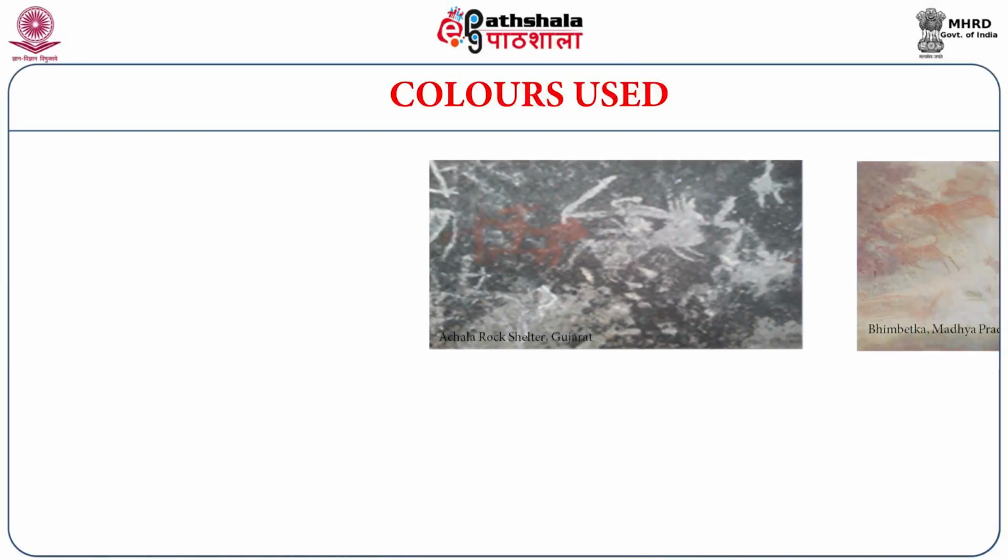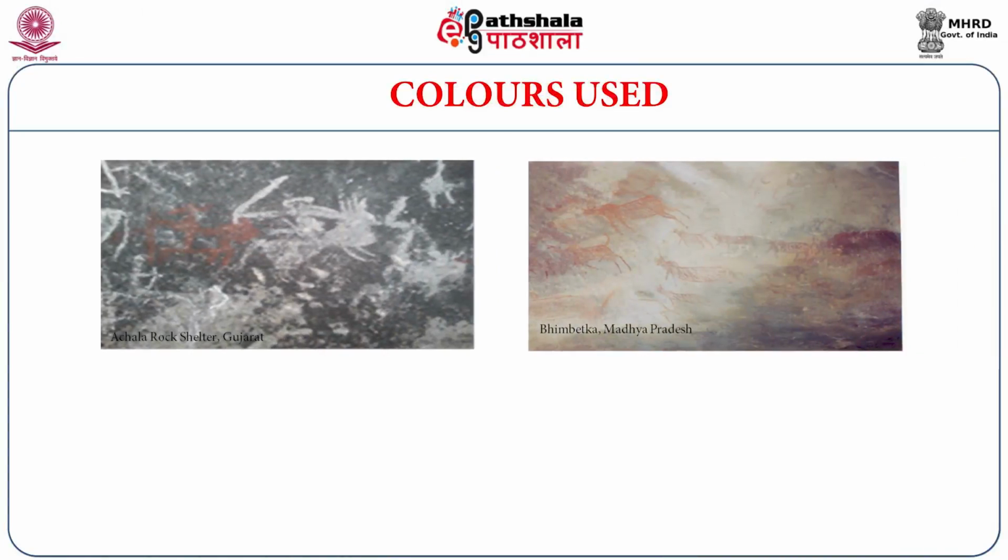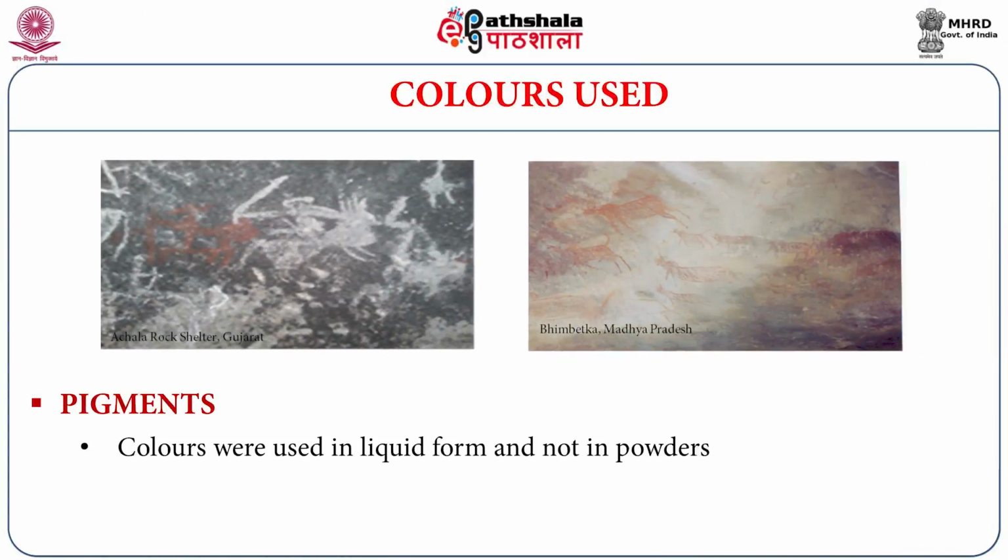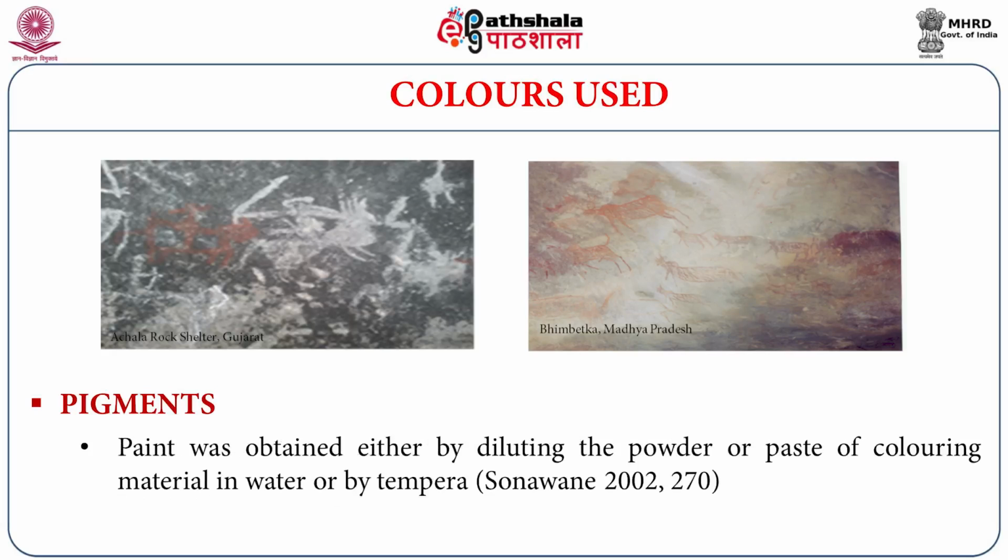How they acquired these colors, this is also an interesting area. Sometimes they were using colors in the liquid form. That means they were mixing the color powder with water and then they were painting, and sometimes they were not preparing the background at all. They were just simply painting on the surface, and they had different kinds of methods for preparing the painting.